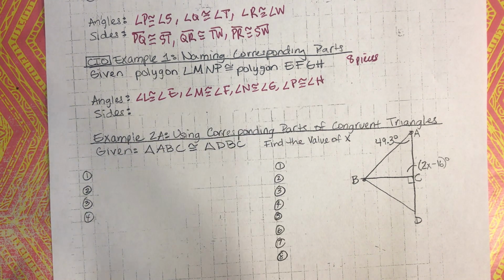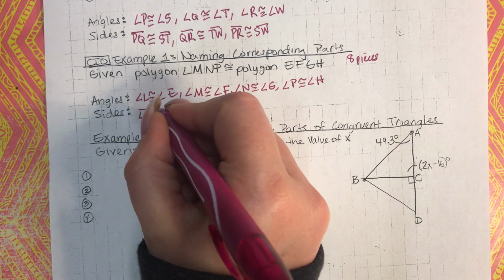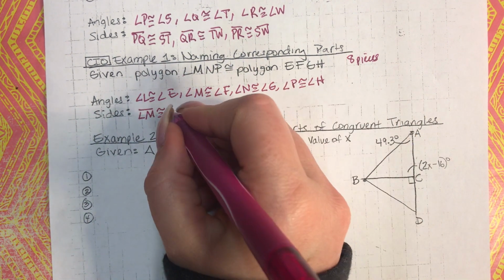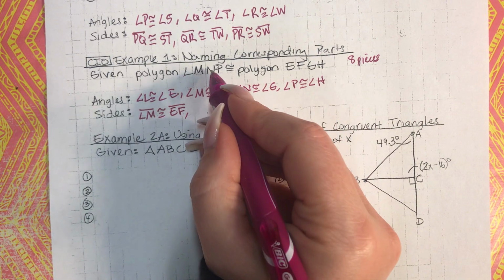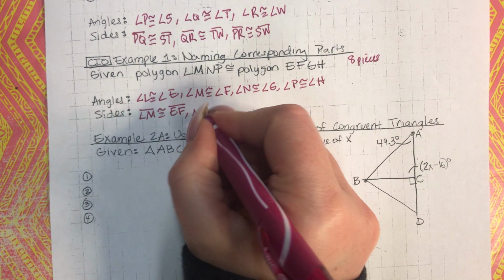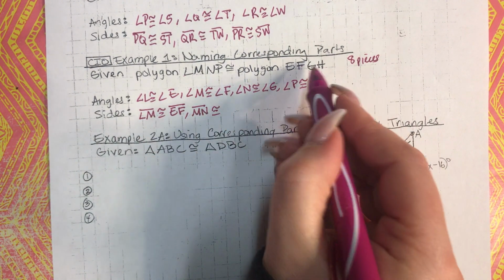Now we have to go for the sides. So LM is congruent to the first and second here, EF. Then we're going to do the second and the third, which would be MN and FG. Line segment MN is congruent to line segment FG.